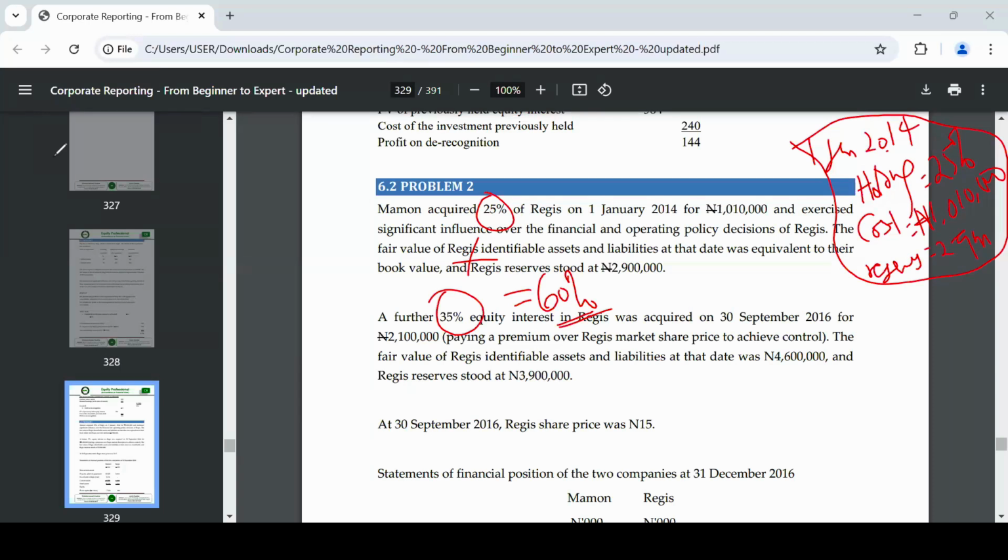But here we are told we paid a premium over Regis market share price to achieve control. It's just a way of telling me that I should pay attention. There might be some fair value adjustment.